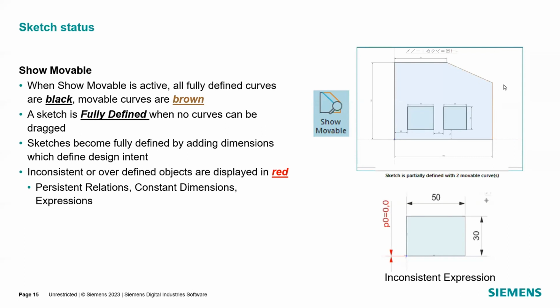So in this case, we have a dimension connected to the horizontal line, and it is conflicting with what we have. We'll talk in a minute about the persistent relations. So anything that is causing problems will be in red. Usually you have to look at that to either reassign it, delete it, or make changes to it.